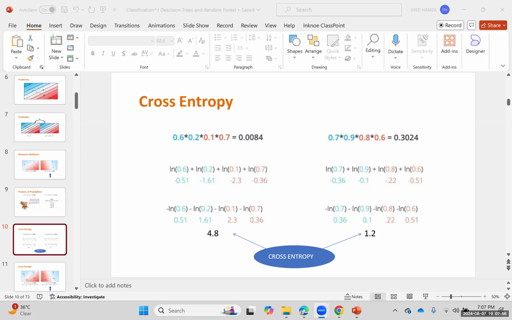Now, what is entropy in this case? This is the error function of the logistic regression.